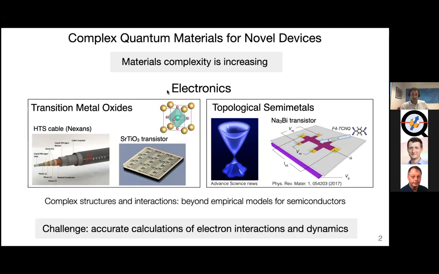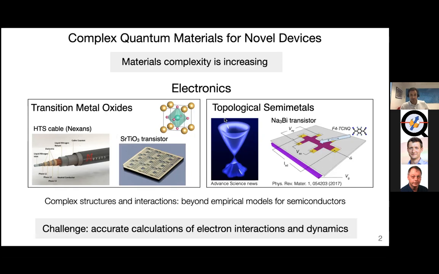In electronics, for example, it's now possible to make efficient transistors and power cables based on complex transition metal oxides. For example, this is a transistor based on strontium titanate, and this is a power cable based on an oxide high temperature superconductor.